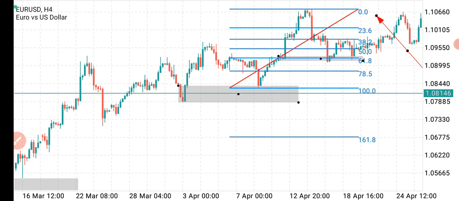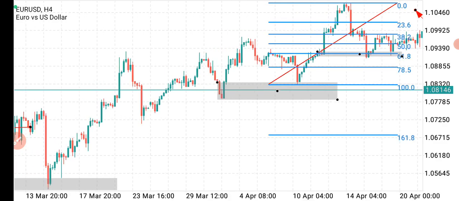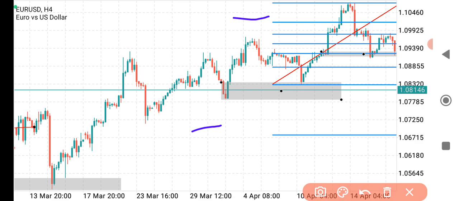You establish your structure, you identify your area of liquidity, and then looking at this trade, you will see that despite this high, this low here looks like a double bottom. Here there is also liquidity, which this candle took away to mitigate this order block, right?